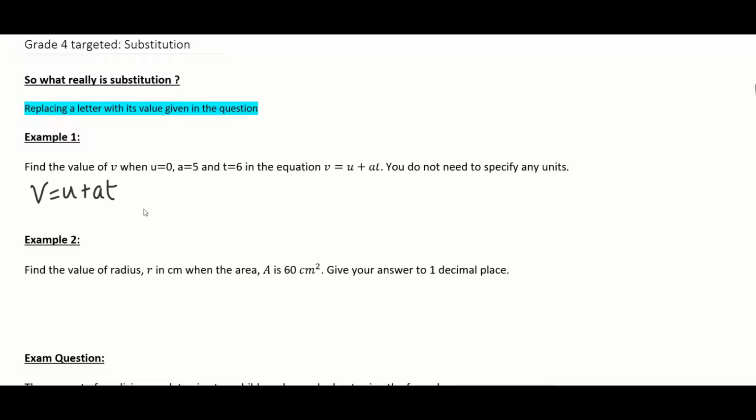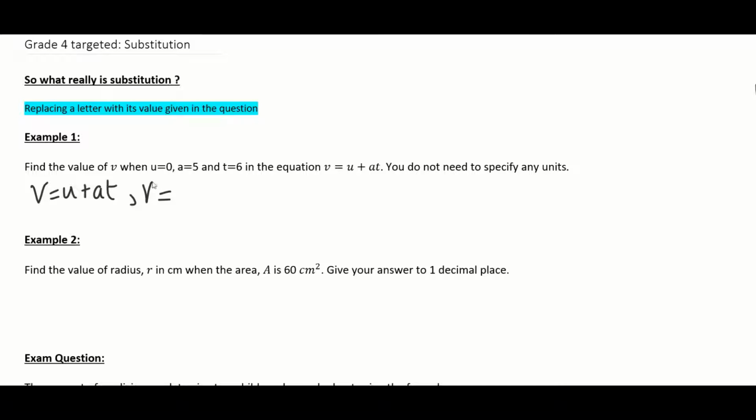Okay, so we're going to replace. First of all, we don't know the value of v, and that's what we're going to find. So v equals u plus at. We're going to replace the value of u with its value here in the formula.